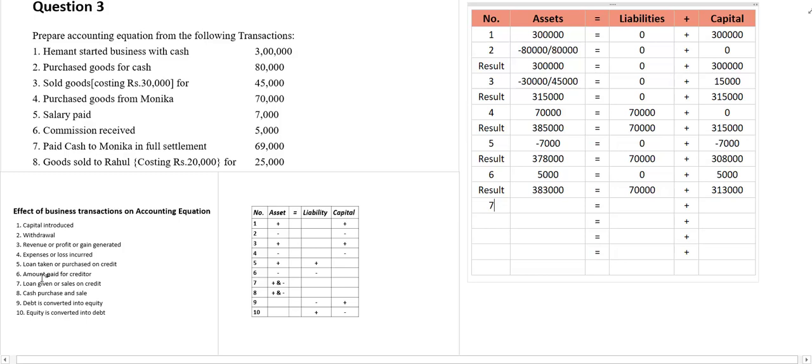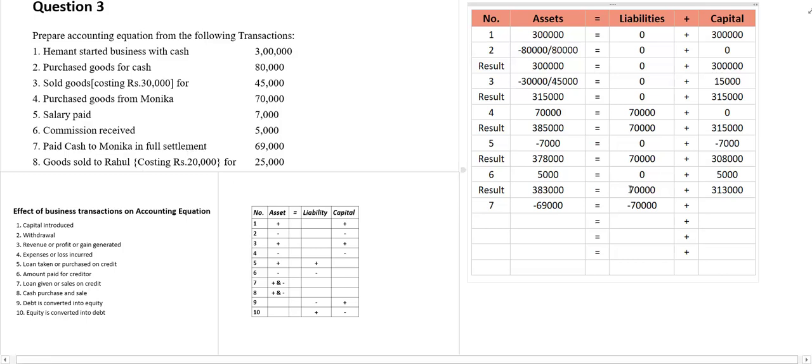Monica was a creditor, and we have paid her. Point number 6: one side asset decrease, on the other side liability decrease. How much does our asset decrease? We paid 69,000, so it is negative, take a negative sign. As it is full settlement, the liability decreased by 70,000 itself. Why by 70,000? Because the nature of the transaction is such: cash paid to Monica in full settlement. Full settlement means the transaction is finished, and we no longer owe Monica anything.